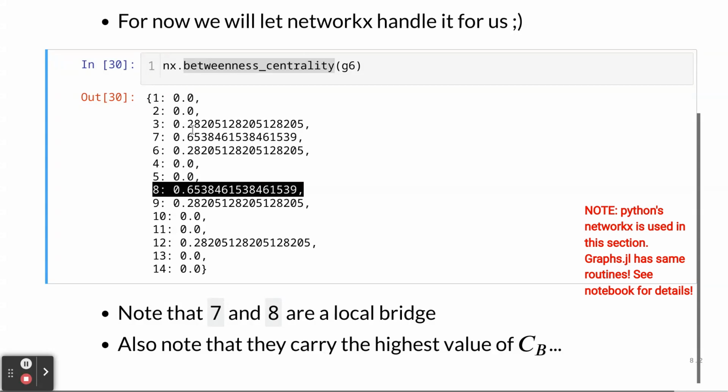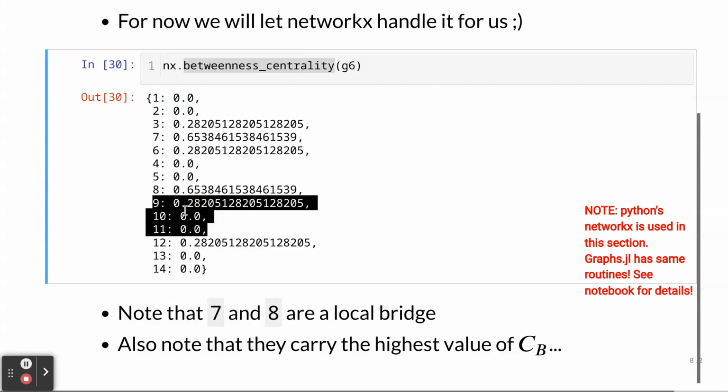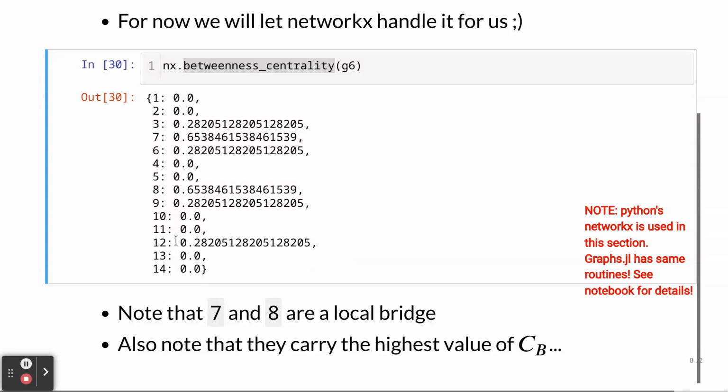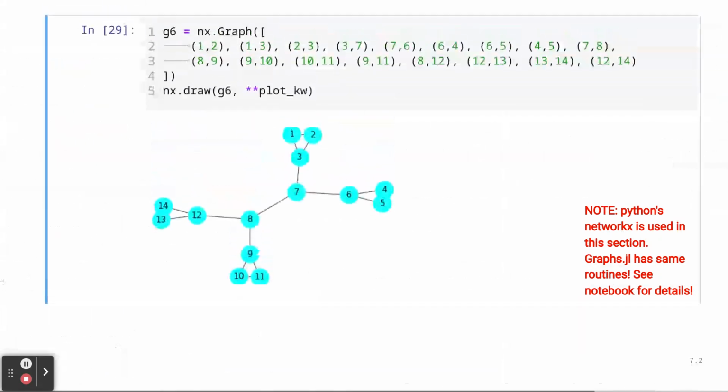The next most significant nodes were 3, 6, and then 9, 10, 11, 12. These were the ones that were connected to 7 and 8 and that allowed paths to be constructed either between the triad of nodes 3, 10, 9, 10, 11, or 12, 13, 14. So these nodes have the second highest score for betweenness centrality.